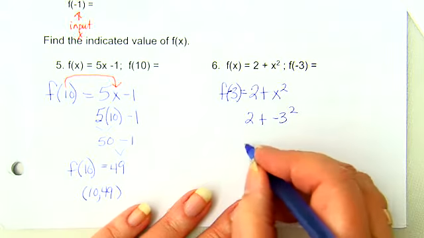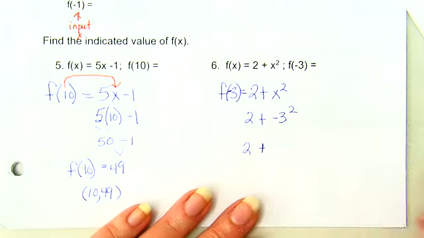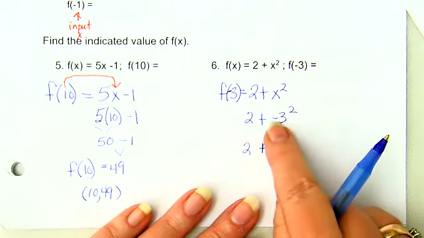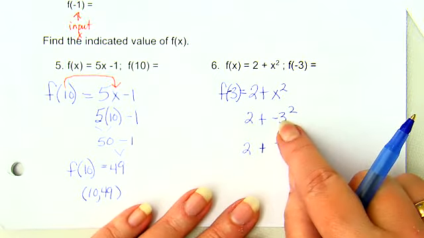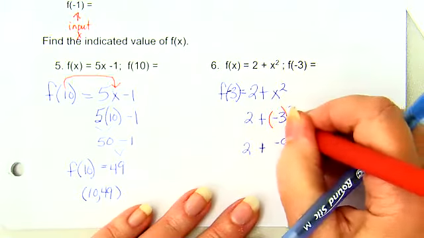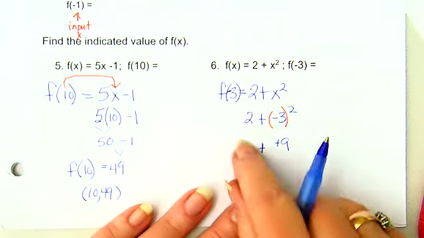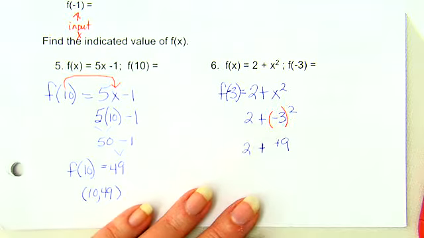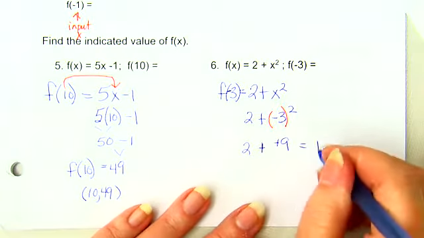I'm showing you the wrong way to do it. This becomes a negative 9 because this is only squaring the 3. If I put the parentheses, now this becomes a positive 9, and that is the correct next step. The correct answer is 11.